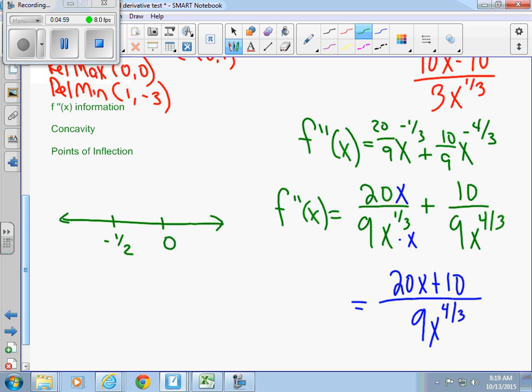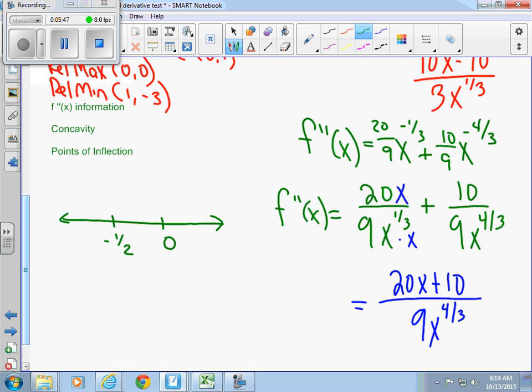The numerator would be odd. Really, they both have to be odd, because if the denominator was even, then it would be undefined. So you can have cube roots.